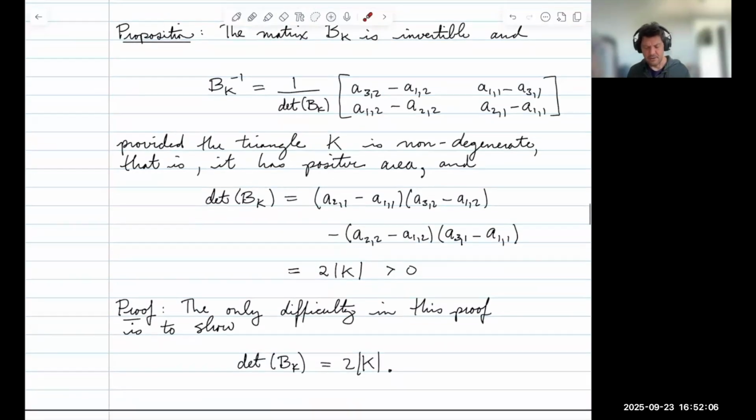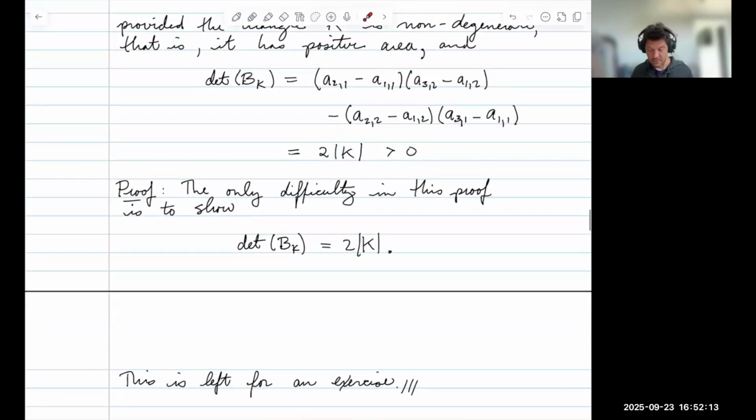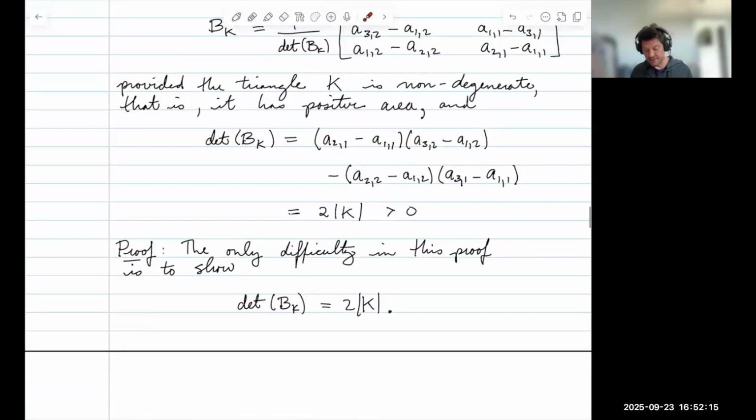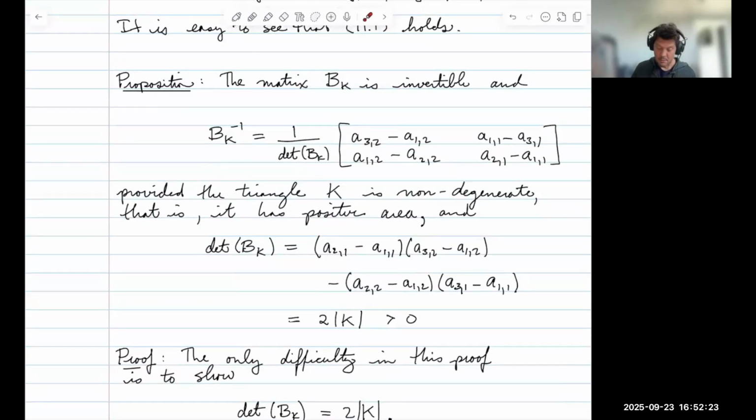The only real difficulty is showing that this formula holds, so I leave that as an exercise for you. Once I know that this holds, then if the triangle is non-degenerate, the determinant is strictly positive, and therefore my inverse formula holds.